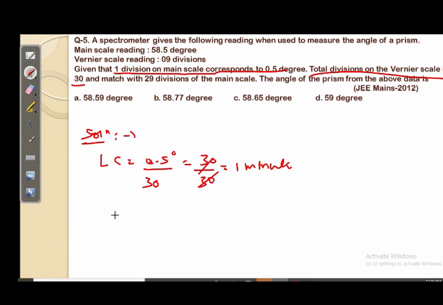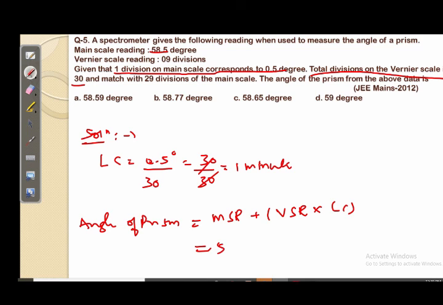Then come towards the direct solution. The angle of prism is equal to main scale reading plus vernier scale reading into LC. The main scale reading they have given is 58.5 degree, plus VSR, that is 9 divisions, into LC, that is 1 minute.